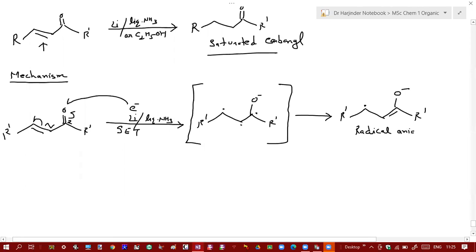Next step? Then proton addition will take place. Okay, it can take a proton from the protic solvent. At the same time, another electron transfer can take place to this carbon. Okay, so again electron transfer will take place from lithium and liquid ammonia.